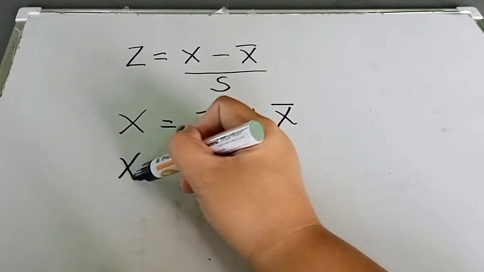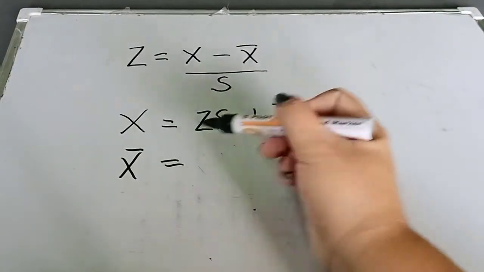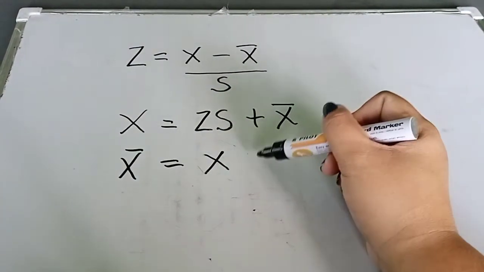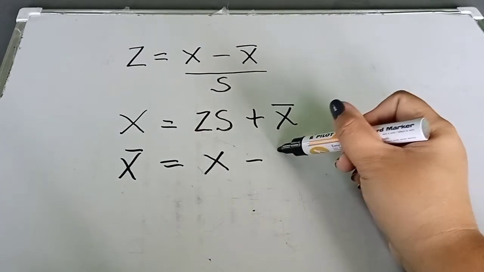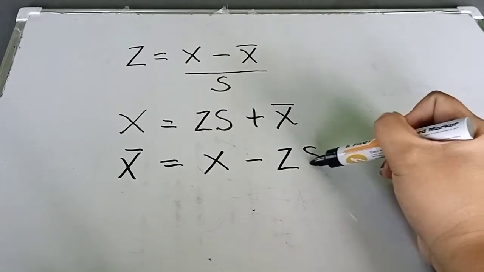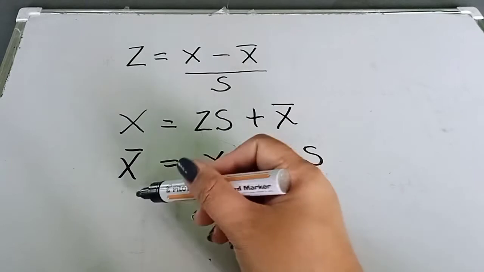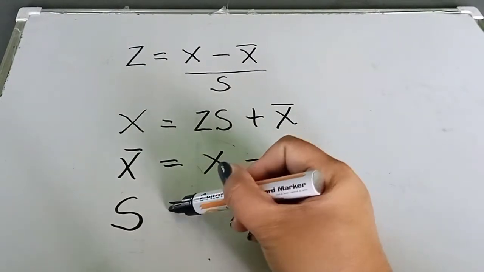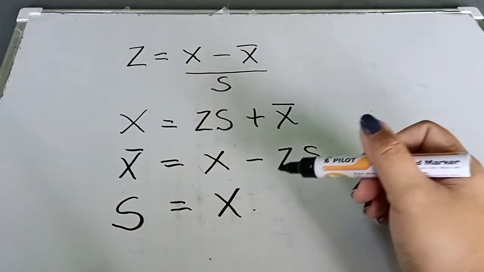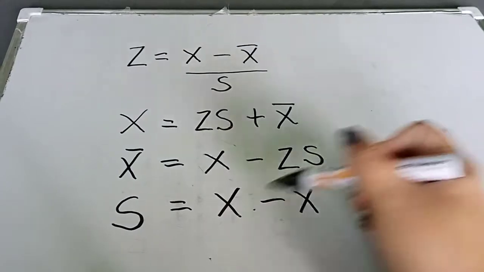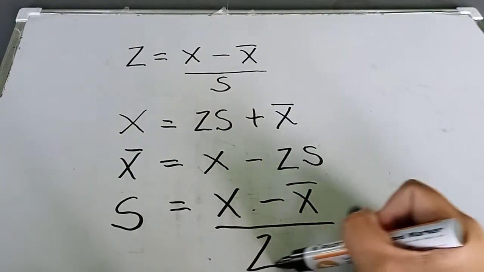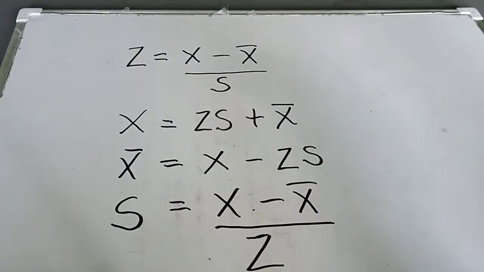When you are finding the mean, the mean is equal to the given measurement minus the product of the standard score and the sample standard deviation. When we are finding the sample standard deviation, use the given measurement minus the given mean, all over the standard score. These are some of the formulas that we are going to use in other examples.